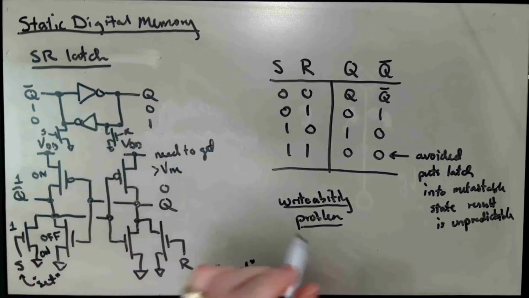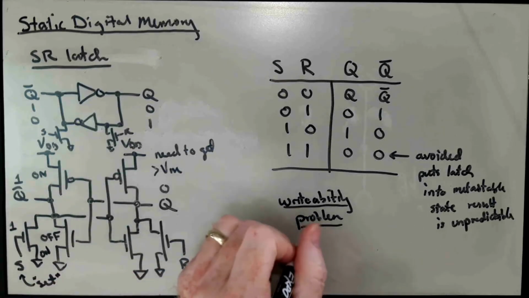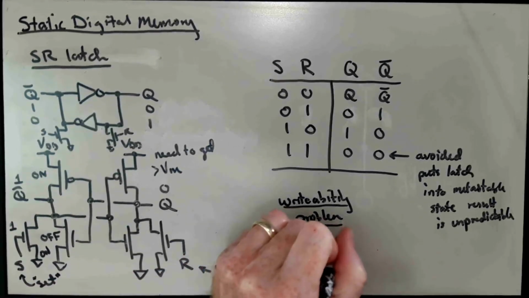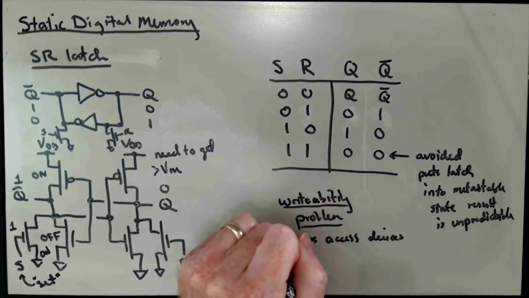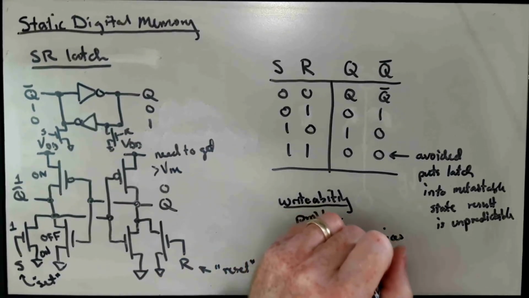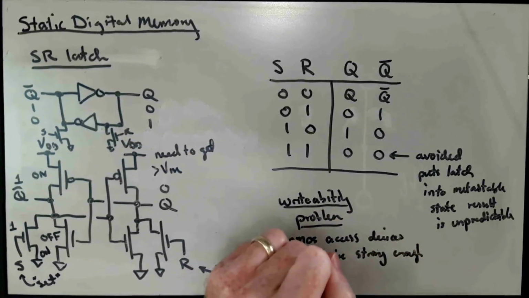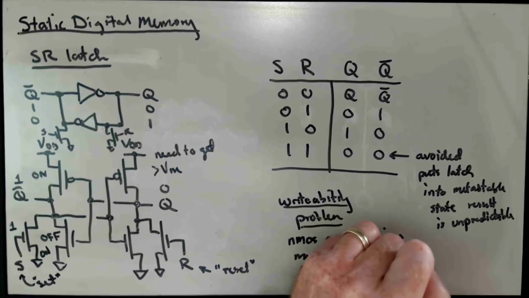And that puts a sizing constraint on these two transistors so that the NMOS access device must be strong enough to overcome the PMOS pull-ups.